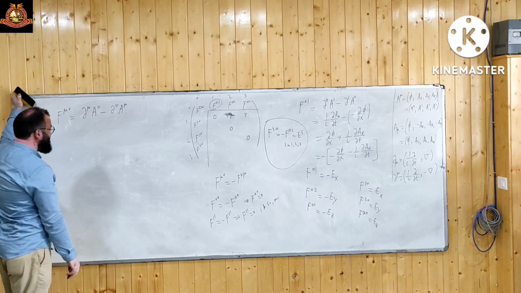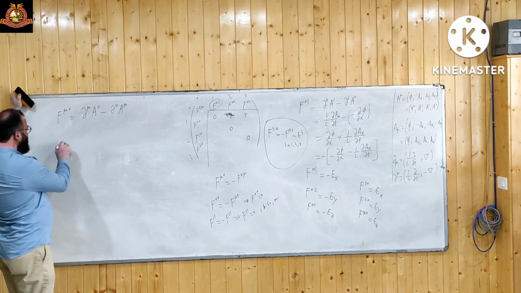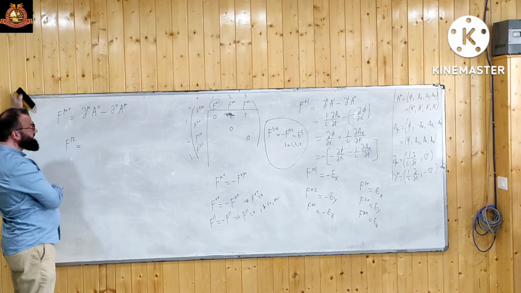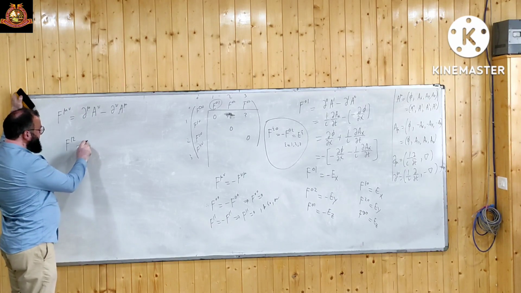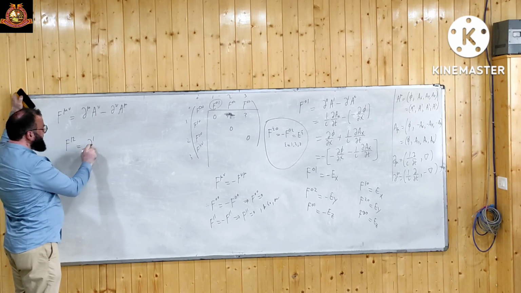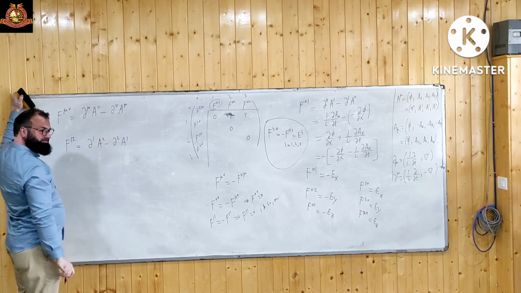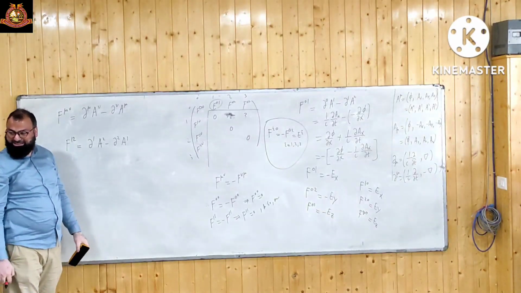Okay, so let's take this object F12. Let's first calculate it this way. Let's write F12 as partial 1 A2 minus partial 2 A1. Okay, clear?